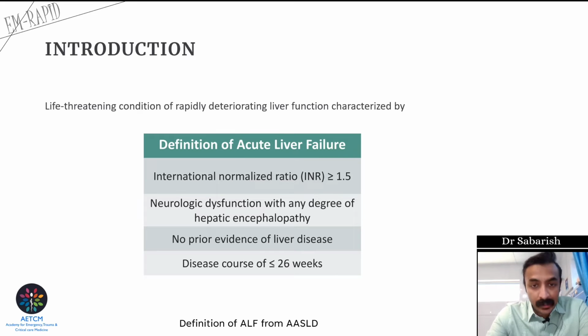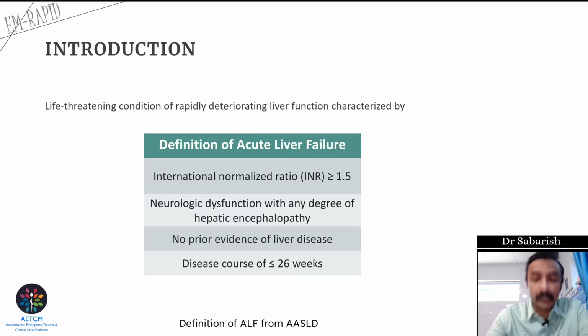So what is the definition? The most accepted definition is from the AASLD, where ALF can be defined as a life-threatening condition of rapidly deteriorating liver function, and this is characterized by these four things. One is an INR above 1.5. Two, a neurological dysfunction with any degree of hepatic encephalopathy.